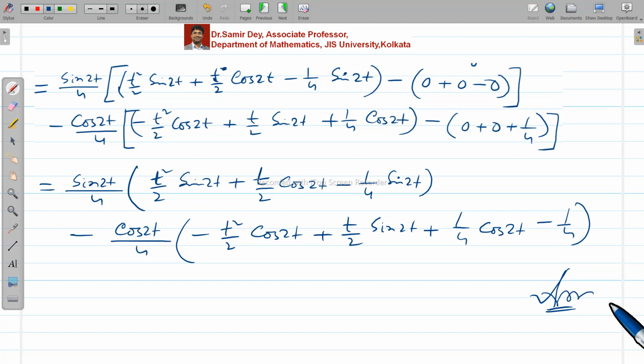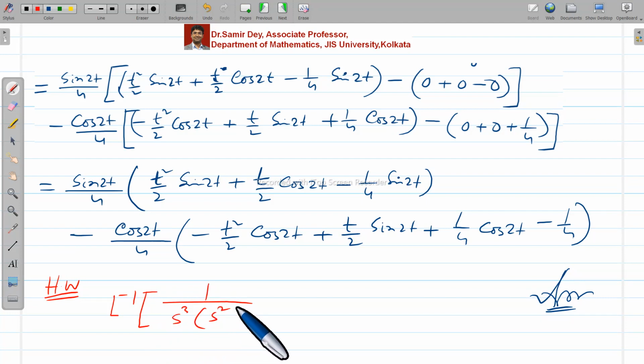Clear? Now every time, as you already know, I always try to give some homework. Please try to solve with the same process. You should solve 1 by s cube into s square plus 9. Okay, so please try to solve it, same process. So already we have discussed s square plus 2.